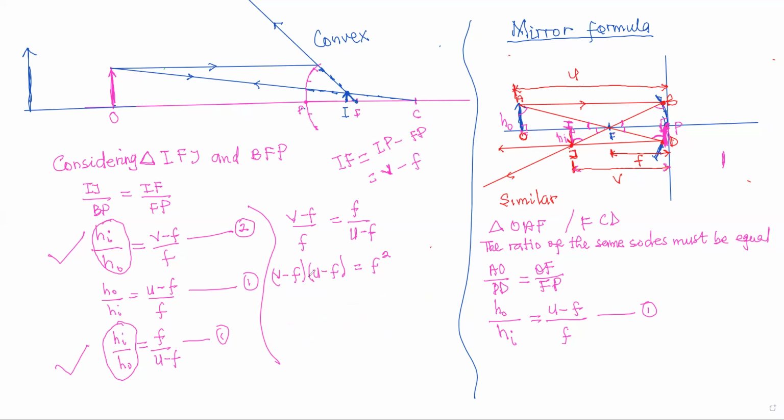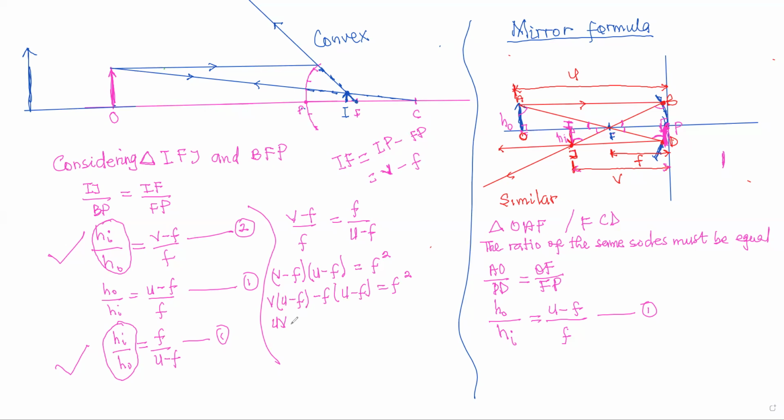In expanding this, take V, multiply V by U minus F, take minus F and multiply it by U minus F, equated to F squared. So V times U is either VU or UV, whichever way you want to call it.